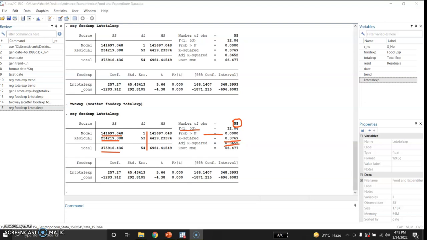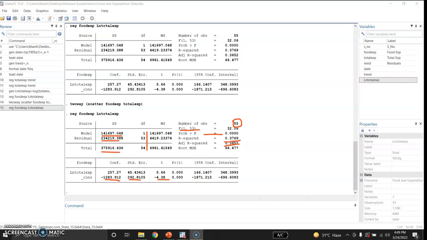This is the coefficient of the intercept term, and that is negative. Usually the constant term doesn't have any economic meaning, and 2922 is the standard error of the constant term. This is the t value of the constant term. Since the algebraic sign of this constant is negative, and this negative term divided by this will be negative, the algebraic sign of the coefficient and its t value go side by side.